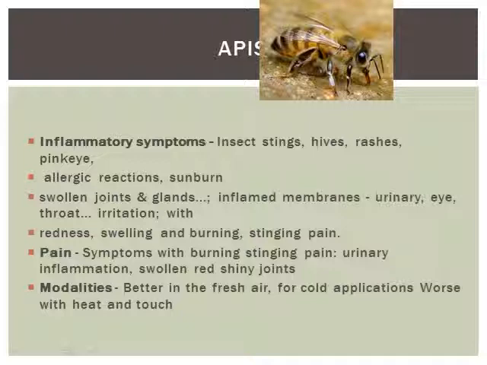Usually for bee stings, Ledum is more useful. But you can definitely remember that when there's heat and swelling and burning and stinging somewhere in the body, you may need Apis.